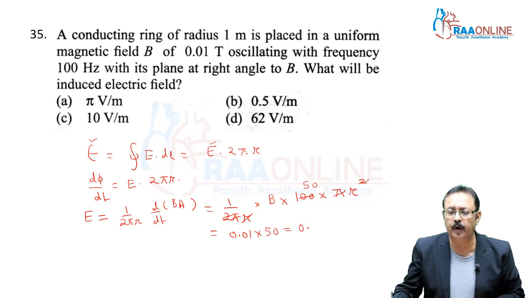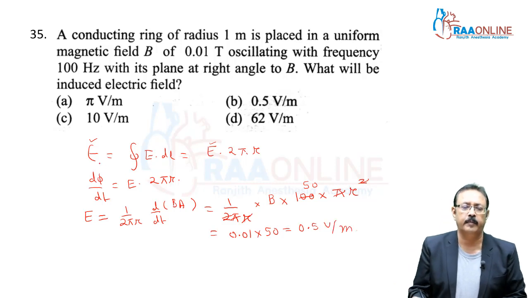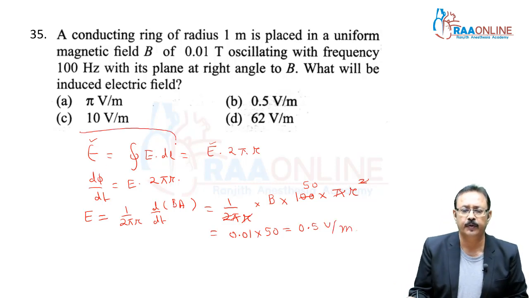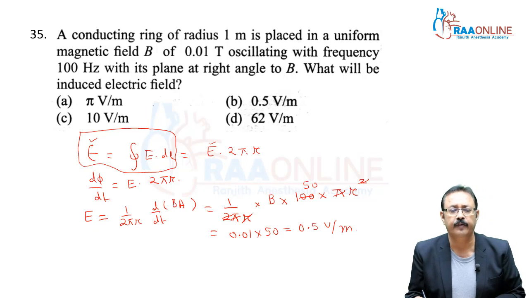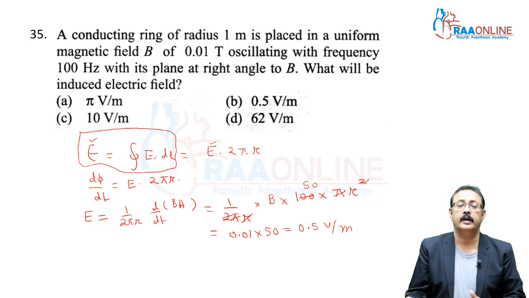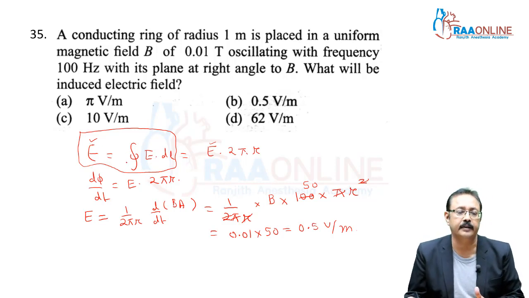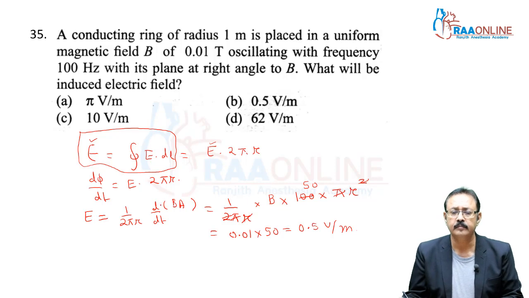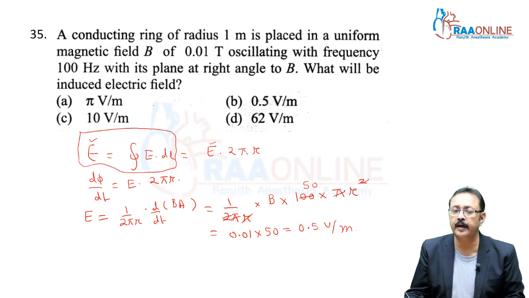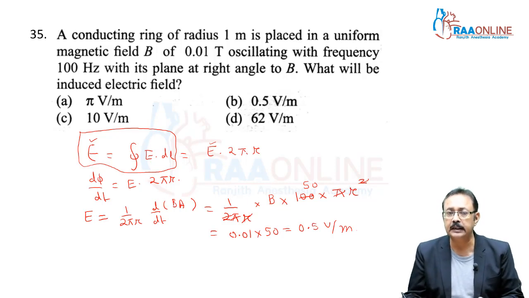So we are getting 0.5 volt per meter. So remember this relation also. If you want to associate induced EMF, electric field and length, EMF is the line integral of E dot dl. Because we know that E is equal to dV by dl.